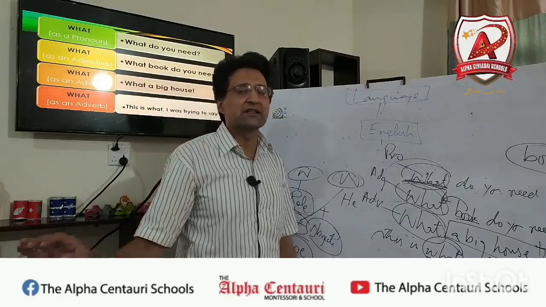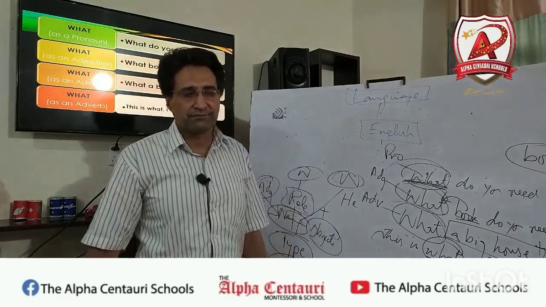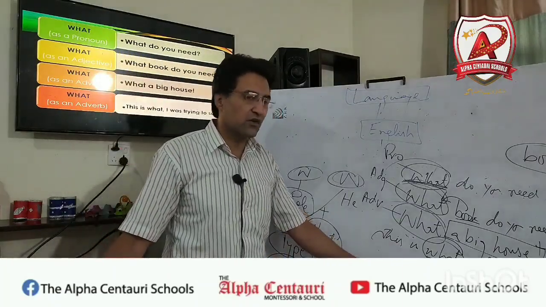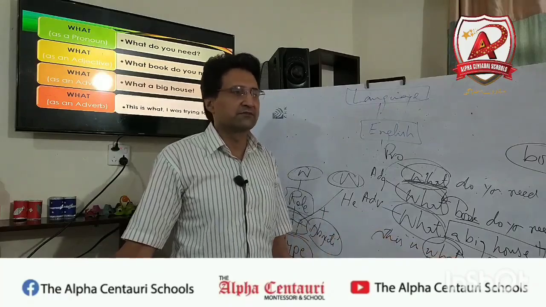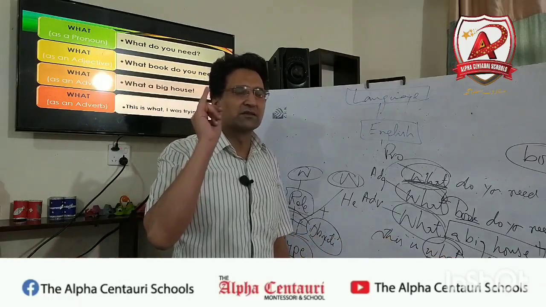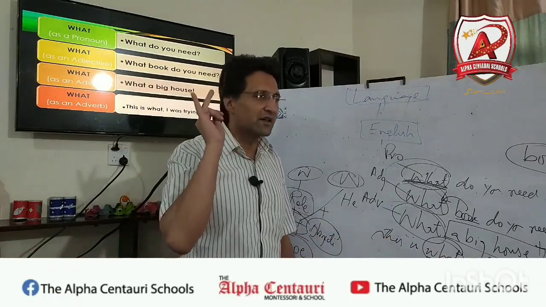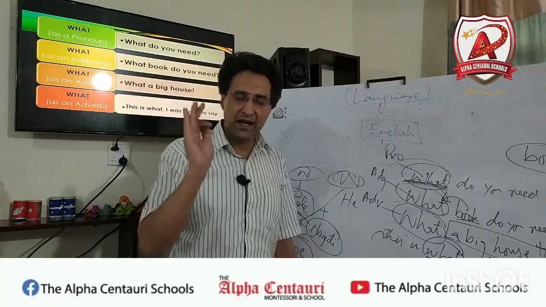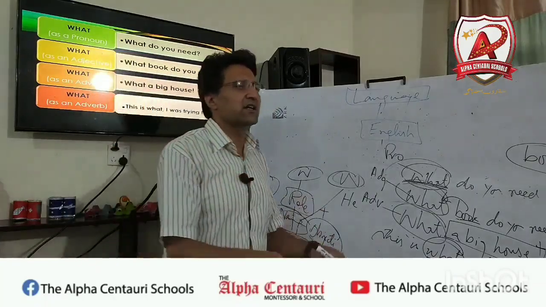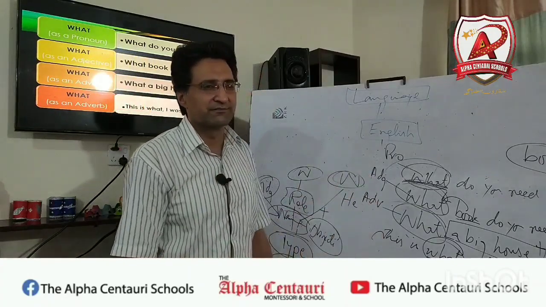I'm not going into the detail of that, ji. I'm saying that this is both. On one hand, relative pronoun, on the other hand, conjunction. Am I clear, ji? In one instance, what is what? Pronoun. Second instance, adjective. Third instance, adverb. Fourth instance, conjunction. How will a child differentiate between all these?